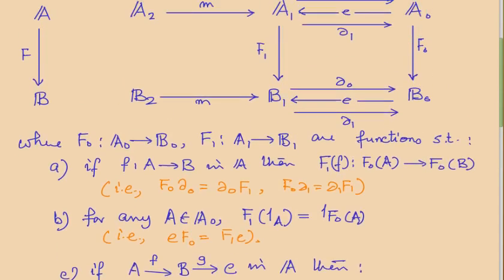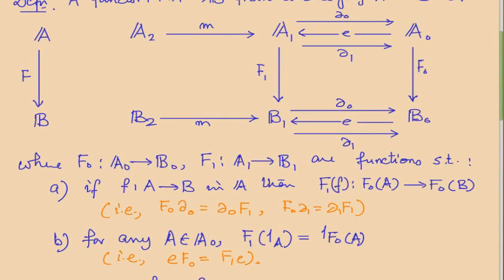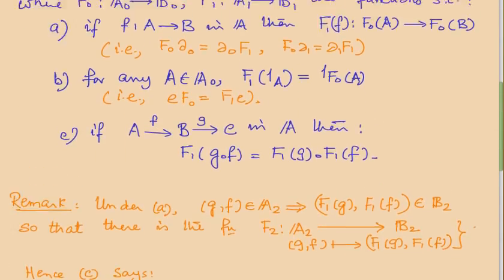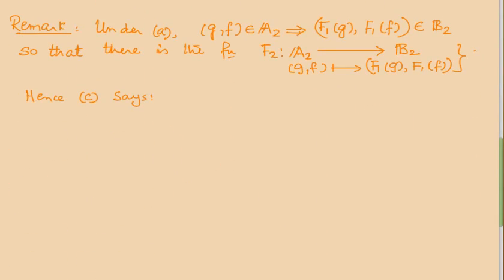So you automatically have this function, and then C says that with this function the left square commutes. So that means M F2 is F1.